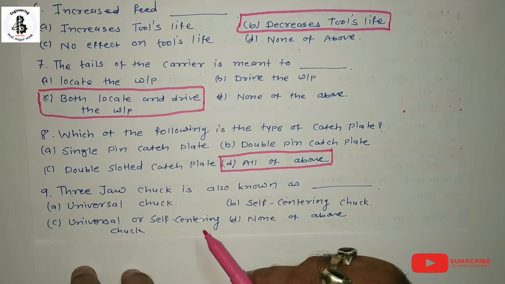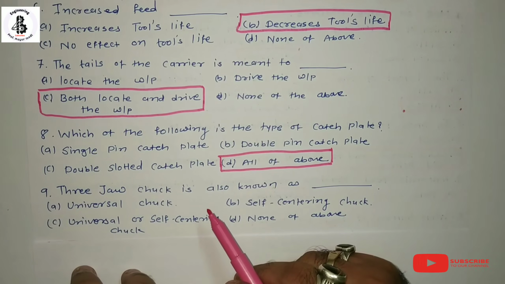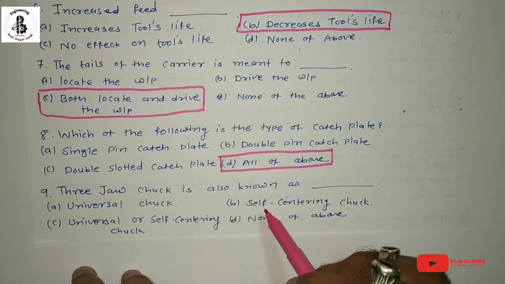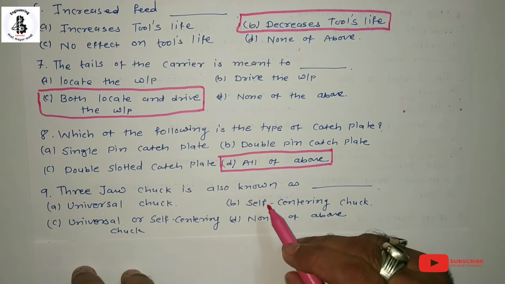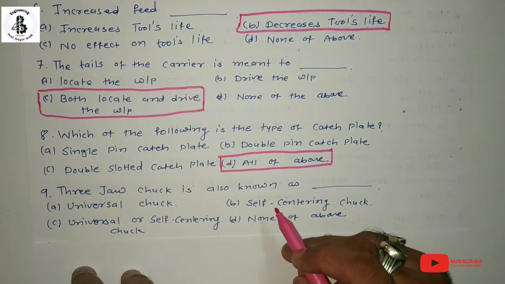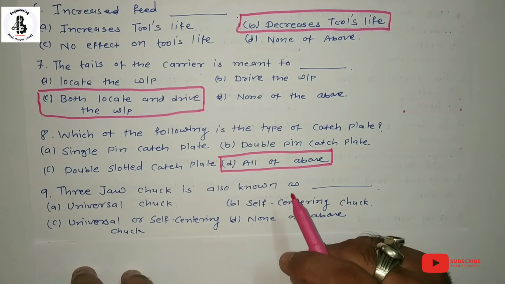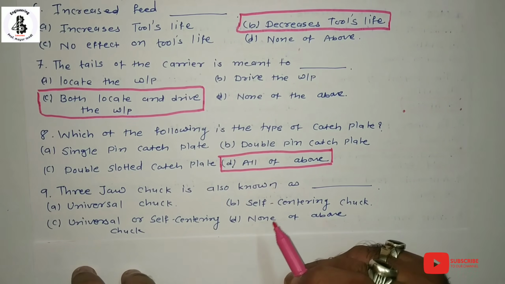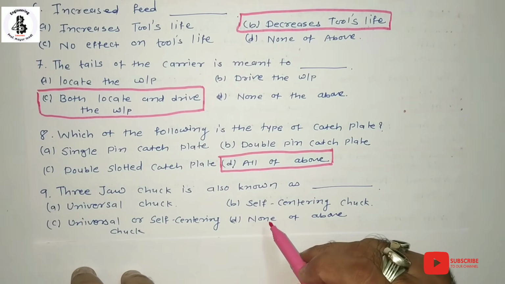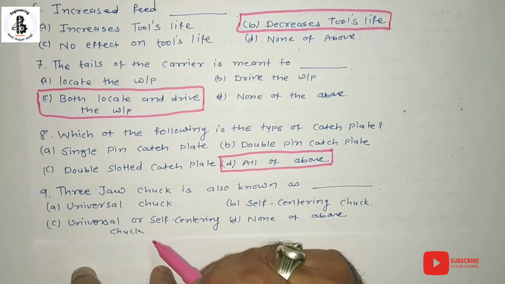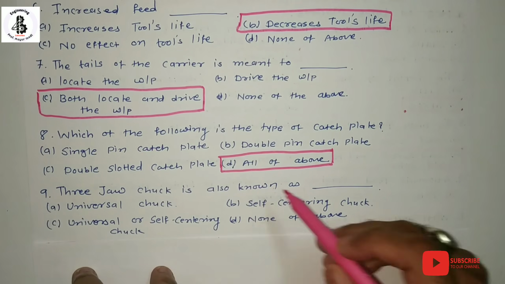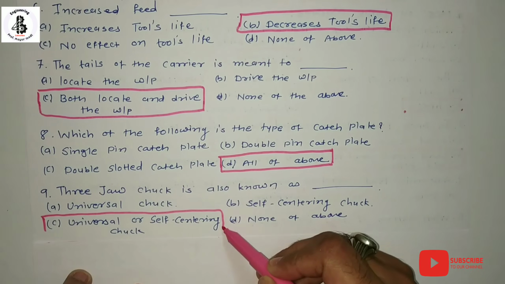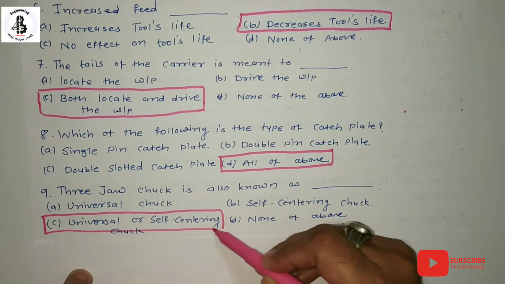As per the theory, the three-jaw chuck is considered both a universal chuck and a self-centering chuck, because you only need to adjust one jaw to assemble or disassemble the workpiece, and the rest of the two are adjusted automatically. So the three-jaw chuck is also known as a universal or self-centering chuck.